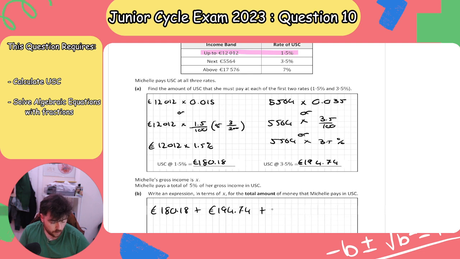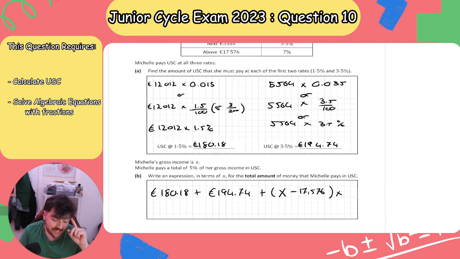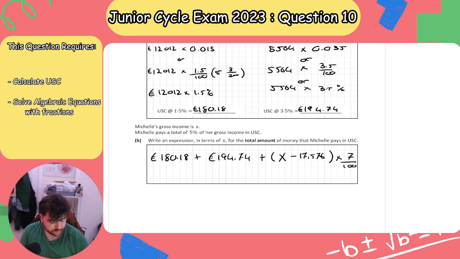So it's going to be her gross income X minus 17,576, and then I'm going to multiply that by 7%. I want to keep it easy peasy. I don't want to be introducing percentages and everything. I'm going to write that as a fraction, 7 over 100. And I think that's how far you need to go technically.